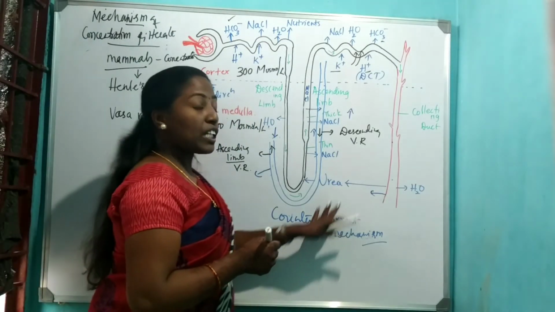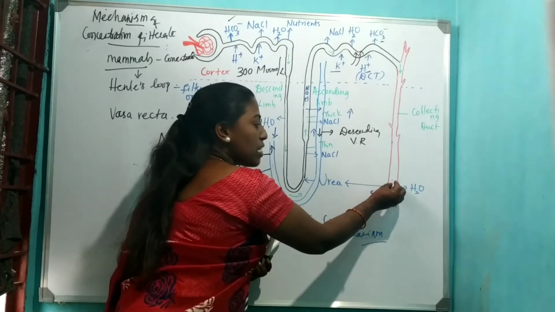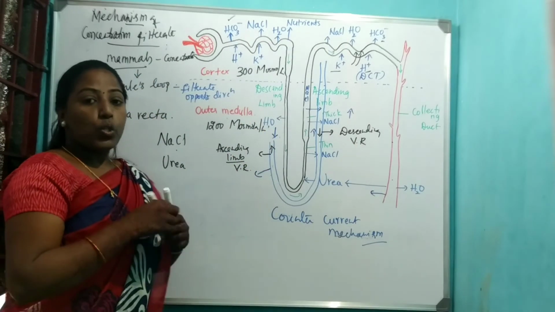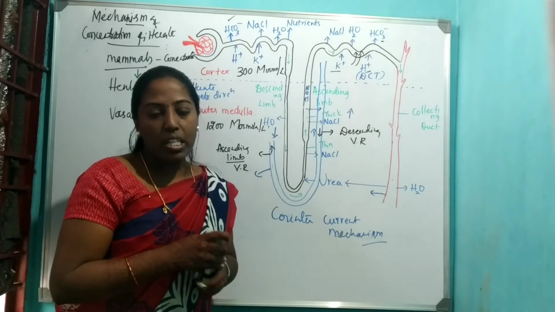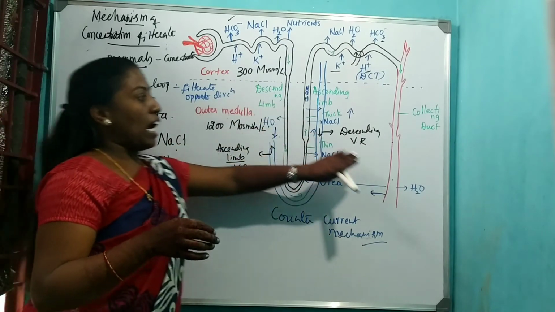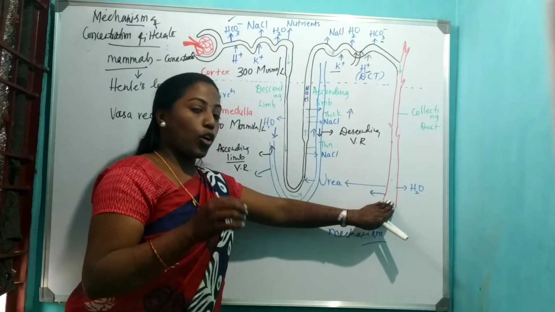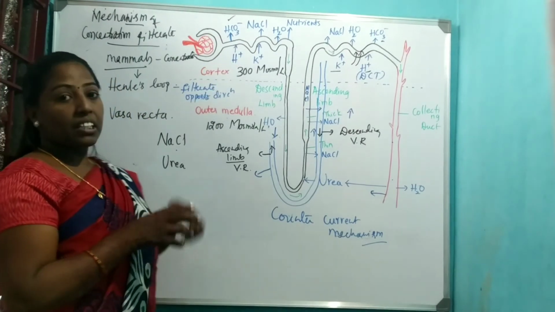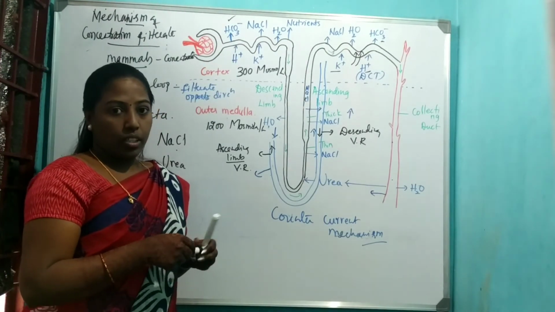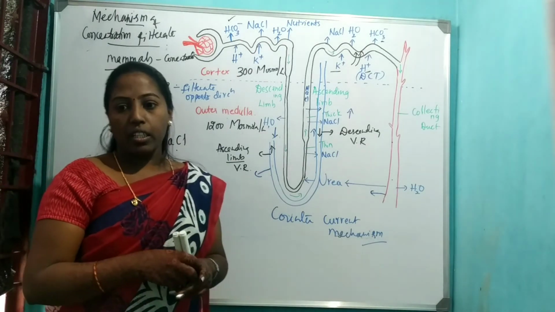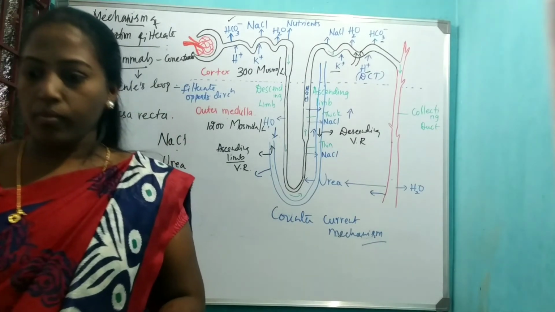It also helps in easy reabsorption of water from the collecting duct, so the urine formed is highly concentrated in mammals. The urine formed at the end is around 4 times more concentrated than the filtrate in the initial stages. So this is the mechanism of concentrating the filtrate. Let us see some questions.